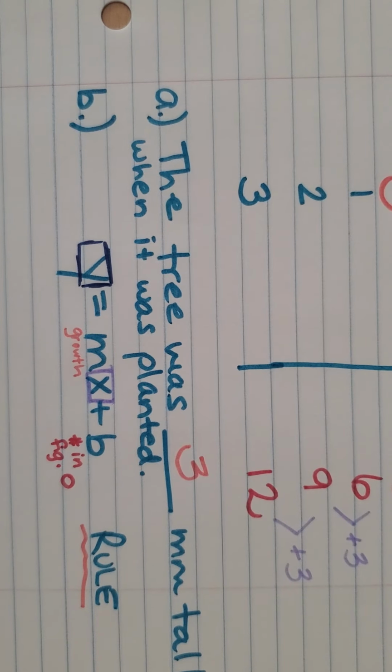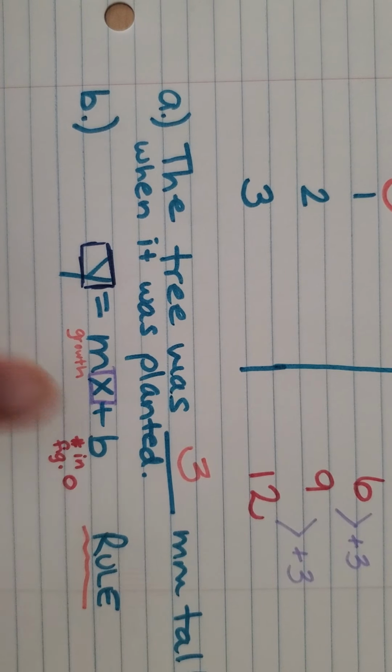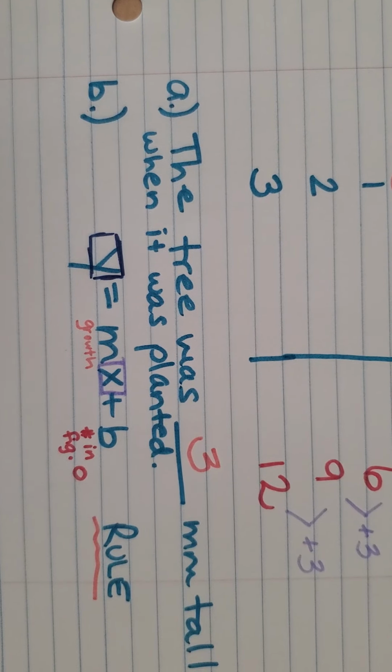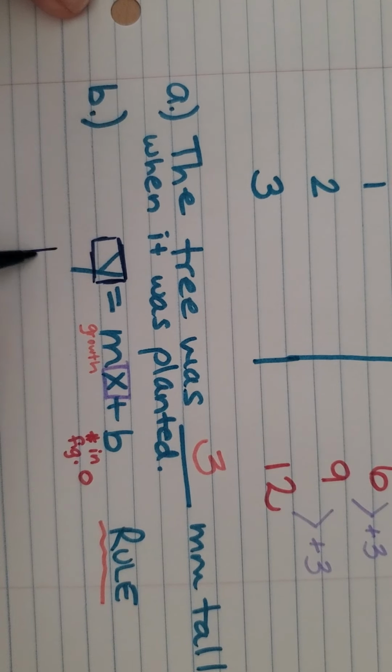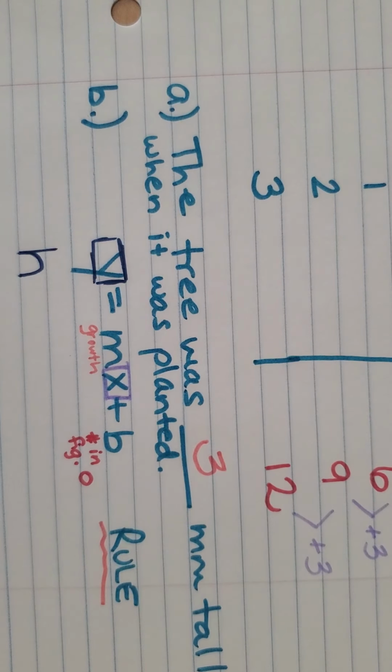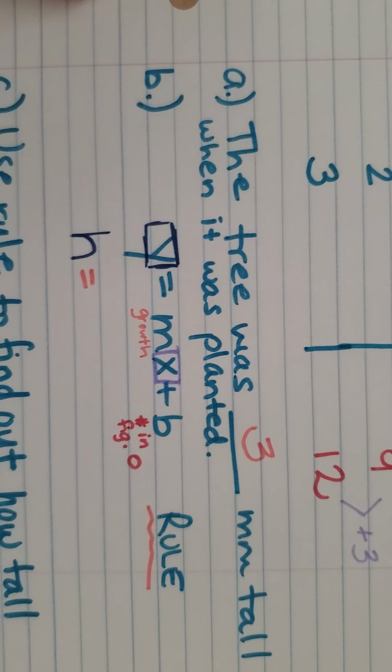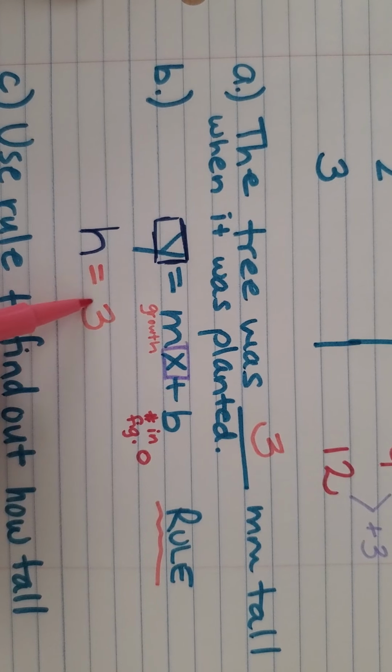So I'm going to use this setup, this rule, this formula, and replace the variables with what we know. Instead of Y, I'm going to use the letter H to represent the height. That's my output. Instead of M, we figured out that the growth was 3.